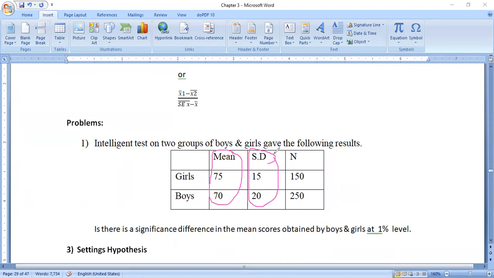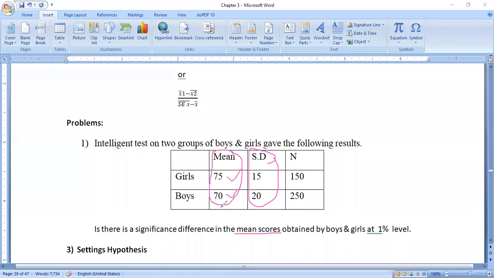But while the calculated value is calculated, we are focusing on these two means only. The difference between two means is what we focus on. Then, is there a significant difference in the mean scores obtained by boys and girls at the 1% level?